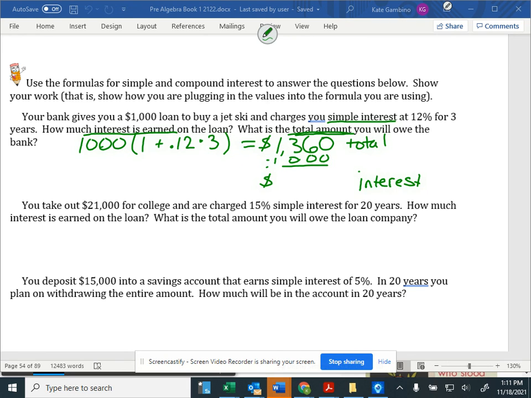We want just the interest that was earned. So off of $1,000, the bank is earning $360. Okay, so you just have to take it one step at a time. Answer the first question, then answer the second question. Okay, so make sure you're answering both questions.